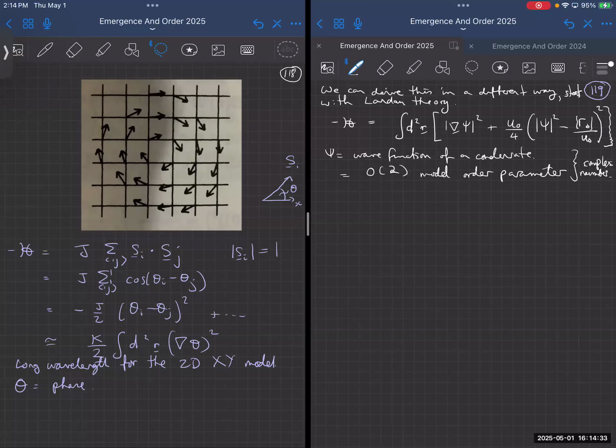because when I take the limit as u goes to infinity, then you can see that the magnitude of psi is fixed. So let's write that down.